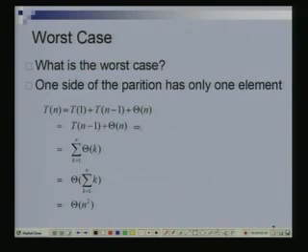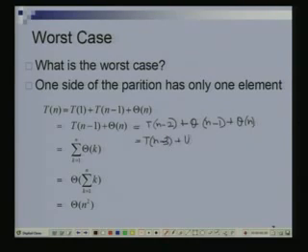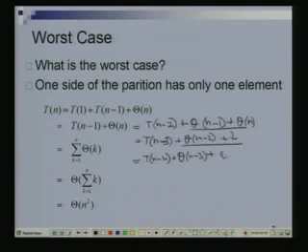So all I am saying here is this is then equal to T of n minus 2 plus theta of n minus 1 plus theta of n, which is T n minus 3 plus theta of n minus 2 plus this term, which is equal to T n minus 4 plus theta of n minus 3 plus this entire thing, and so on and on.